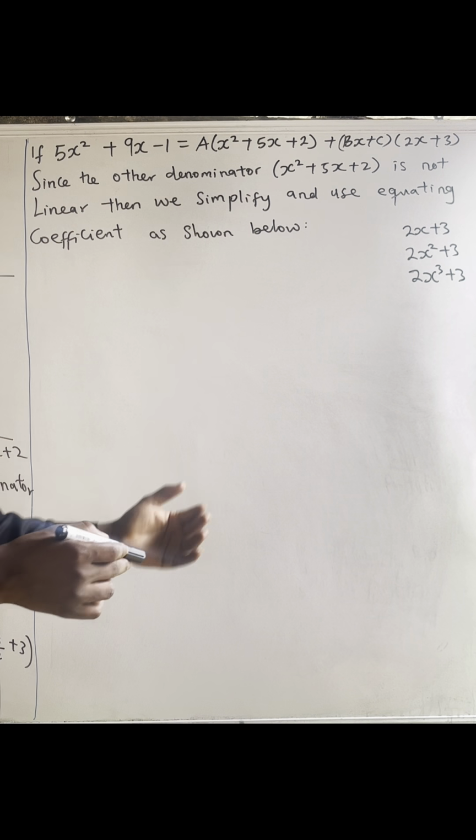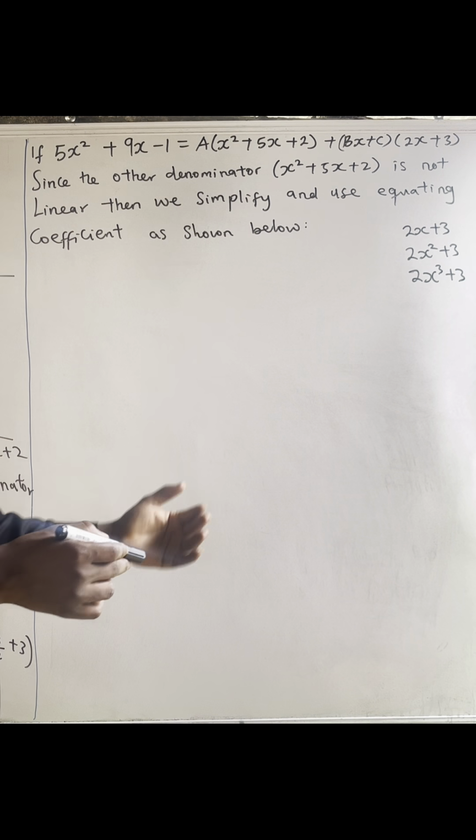Let me rub this out. So therefore, guys, this will now be 5x squared plus 9x minus 1 is equal to, use this a to open the bracket, a times x, ax squared plus 5ax plus 10, plus, I'm going to use this to open this bracket.